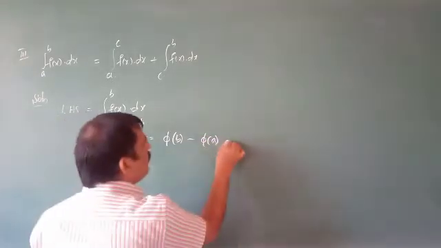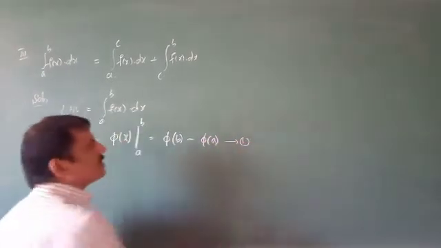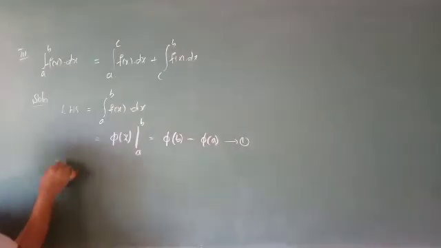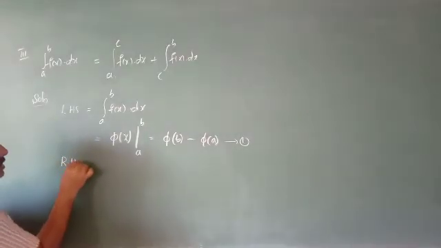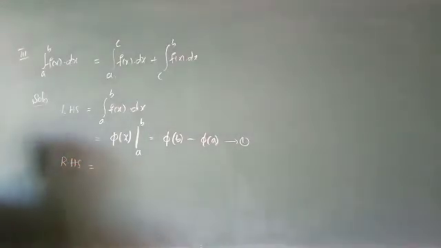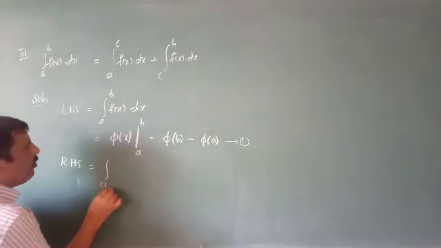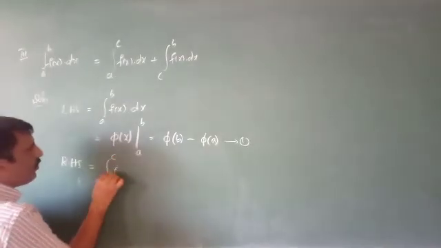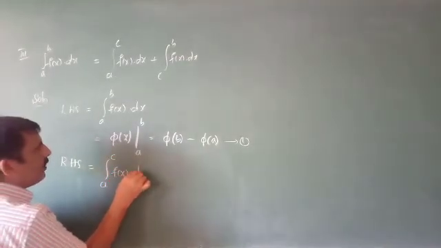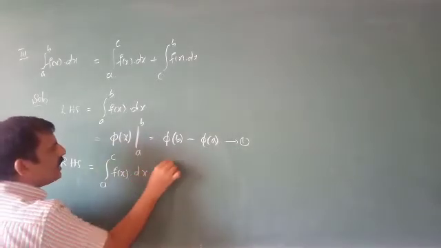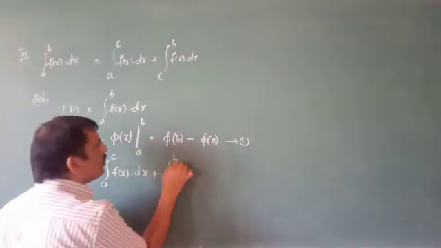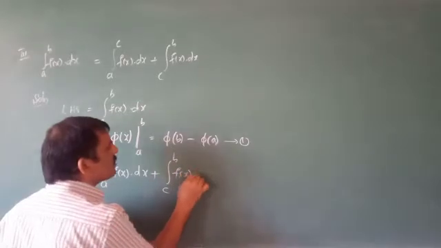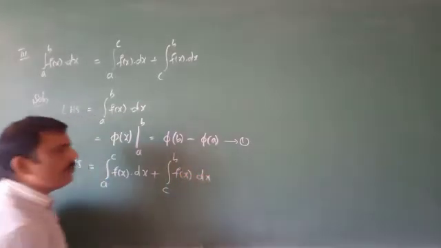This is equation 1, the LHS value. Now RHS is equal to the integral from a to c of f of x with respect to x plus the integral from c to b of f of x with respect to x.